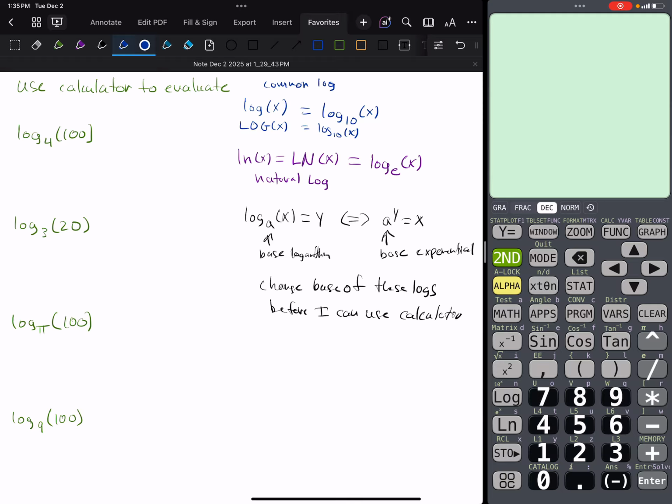I have log base a of x, and that's any one of these logs. So I could have log base 4 of 100, or log base 3 of 20. Any logarithm can be rewritten with a new base as a ratio: log with my new base b of x over log with my new base b of my old base a.